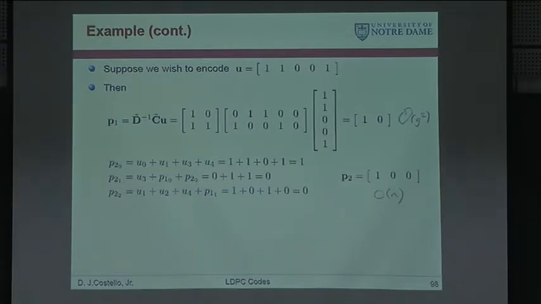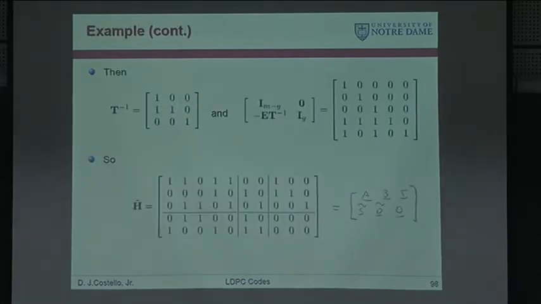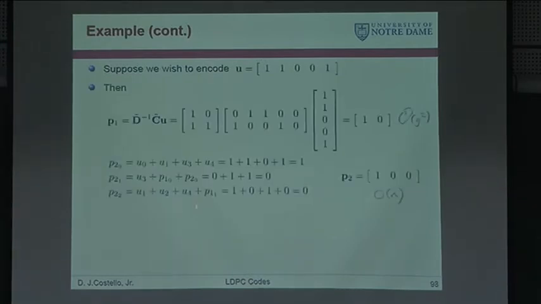And then the last bit in P2 we get from the second bit in P1, which we previously calculated, and these 3 information bits. So that's shown here, U1, U2, and U4. And the second encoded bit in P1.